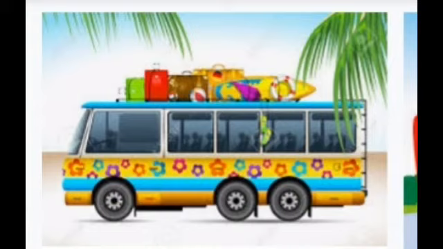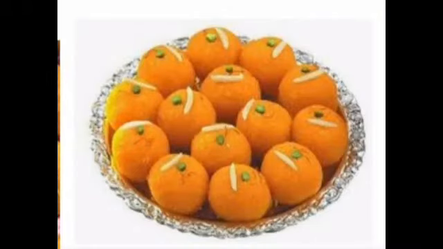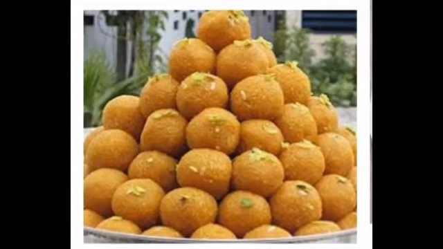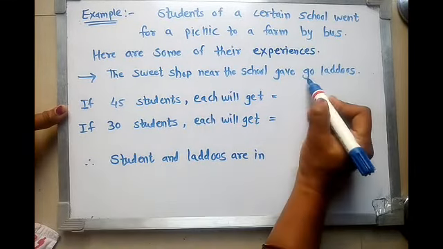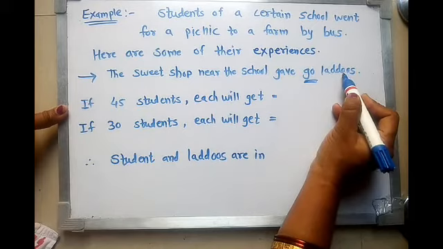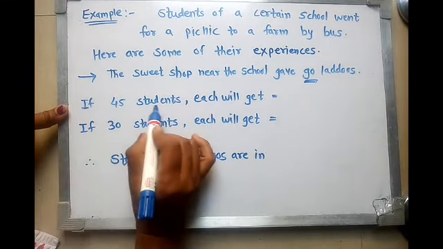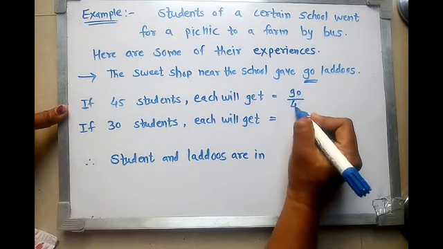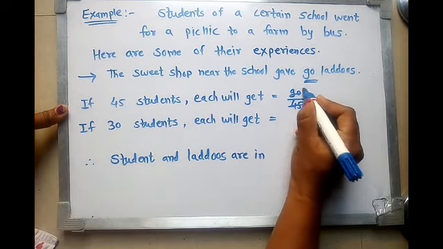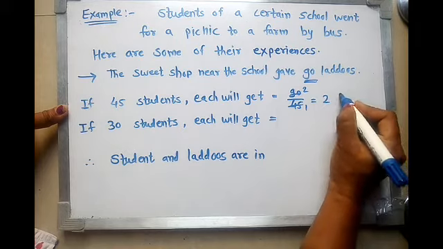Students went to the picnic by a bus. The sweet shop near the school gave 90 laddus for the picnic. If there are 40 students, each will get 90 upon 40, 2 laddus each.